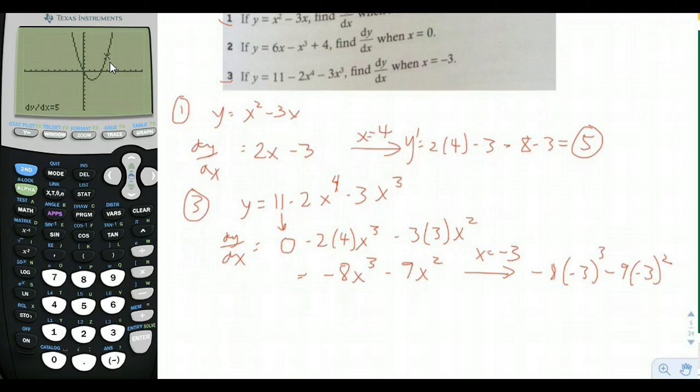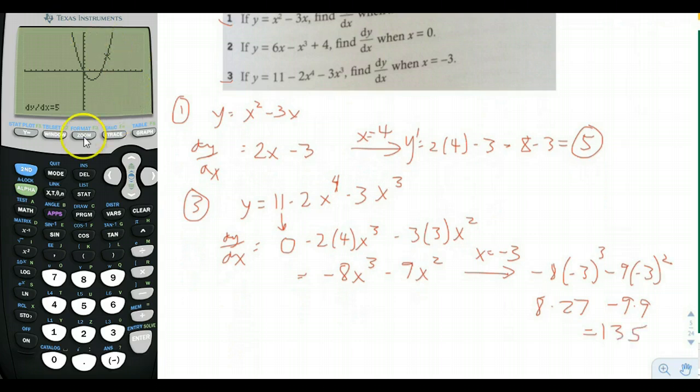Okay, this is going to be minus 9 times 9. This is going to be 27 times 8. I'm going to need a calculator to do that. So 8 times 27 is 216 minus 81. That gives me 135. Okay.